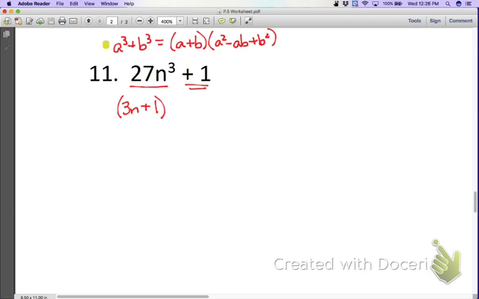So now we're basically done with our original part of the problem. Now we're just really going to use these 2 values right here. So I'm going to take the first term and I'm going to square it. So what's 3n squared? 9n squared minus, now I want to multiply those 2. So minus 3n, and then square the last term.